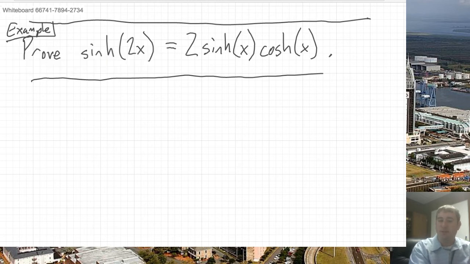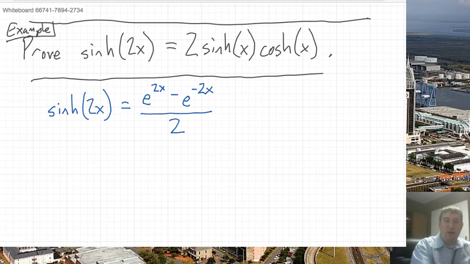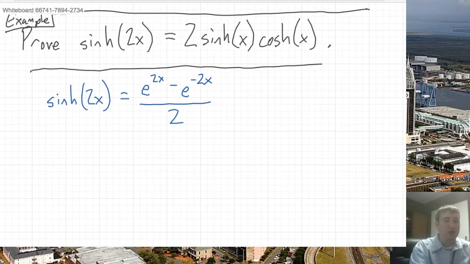So what I'll do to prove this equality is take both sides of the equation. Sine hyperbolic, sinh as some people call it, I'll write the formula, but instead of x, I'll write 2x. Okay, and there might be ways to manipulate that, but that looks pretty simplified.